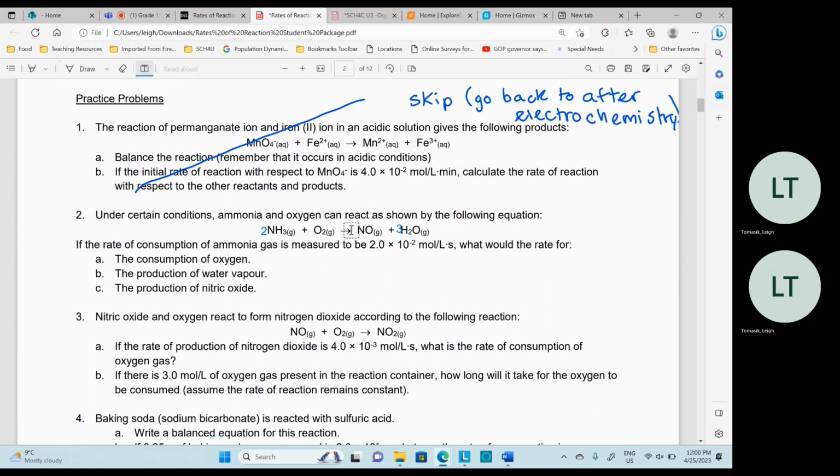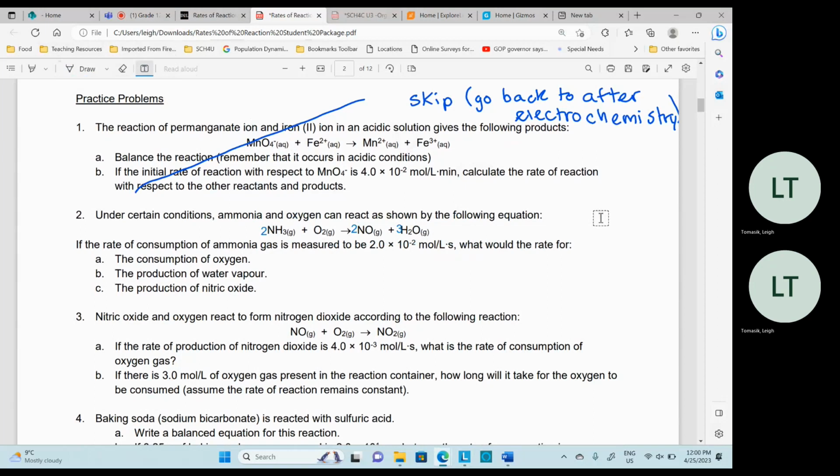We're going to have to put a 2 in front of nitrogen dioxide to even out the nitrogens. So now we have 6 hydrogens on both sides. We have 2 nitrogens on both sides. Let's hope the oxygens can be balanced easily. They cannot be balanced easily because we have 5 oxygens on the product side and we have O2 on the reactant side.